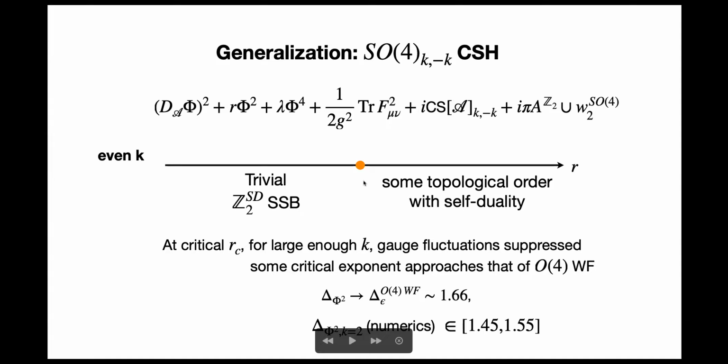And you check the numerical results from, say, Adam's group and later results, and the numerical results fit around here. So even for the k equals 2 case, the numerical result is not that far from the large k prediction. So it's okay.